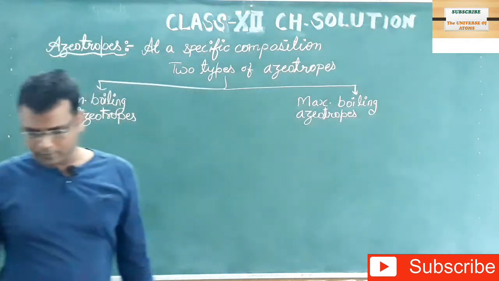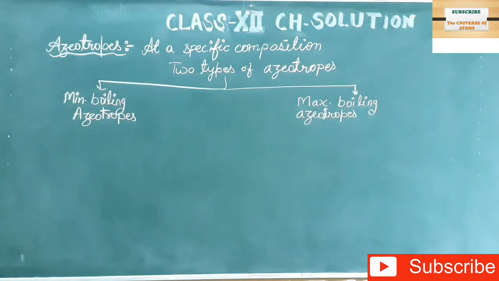These are the two types of azeotropes: minimum boiling azeotrope and maximum boiling azeotrope.